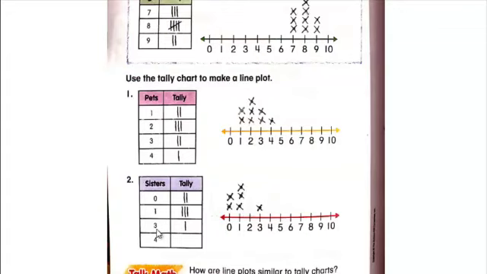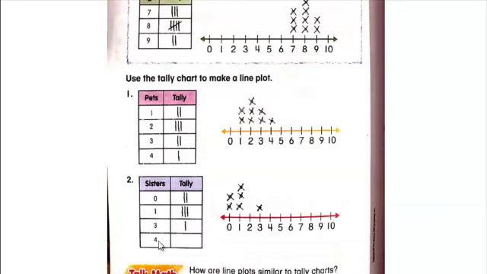Here in front of 3, there is 1 tally mark. So here on this line, in front of 3, draw 1 tally mark as 1 plot. So draw here 1 plot.